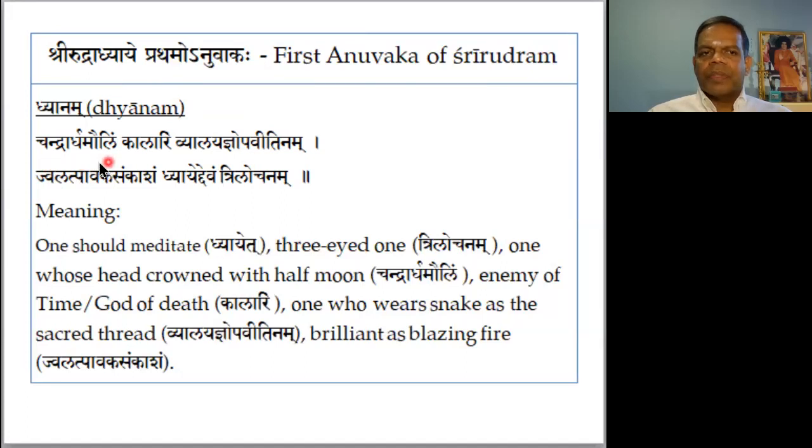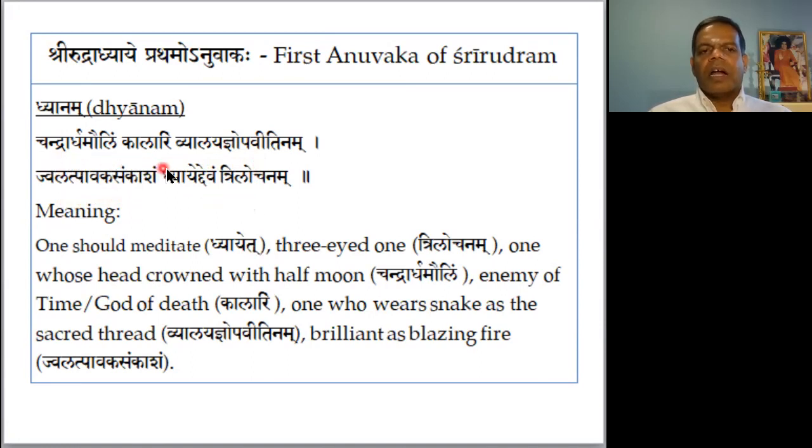Chandrardha Maulim, Kalari, Vyala Yagnyopavitinam, Jwalat Pavaka Sankasham, Dhyayed Devam, Trilochanam.